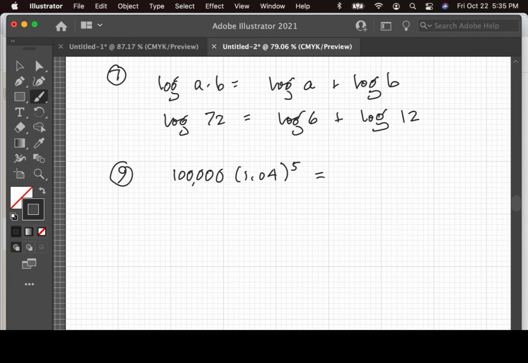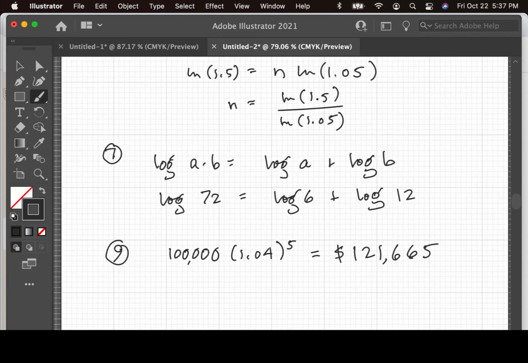So 100,000 times 1.04 raised to the 5th power is equal to $121,665. So it turns out the 10th question is the same as the 5th question.